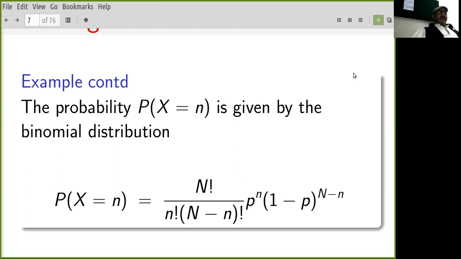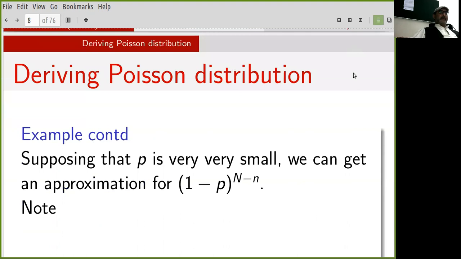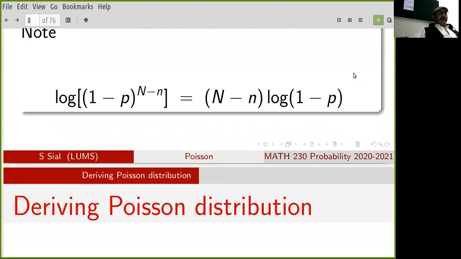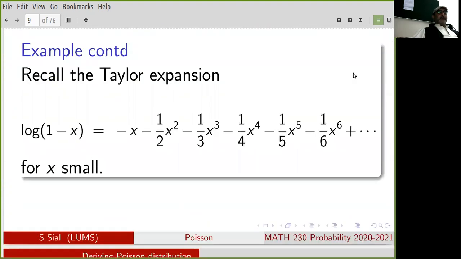Now, supposing that p is small enough that n times p, the expectation, is very small, and we have a very large n, then we can start making approximations to this. Now, what I would like you to do is to go through the notes.